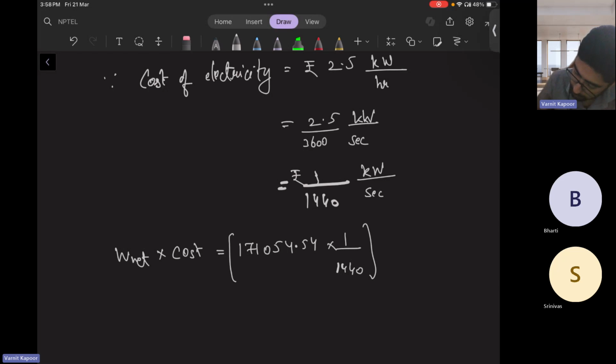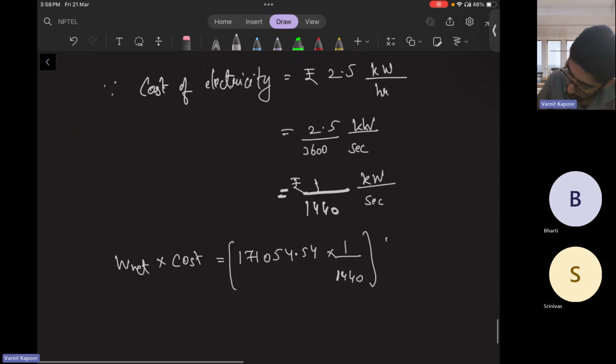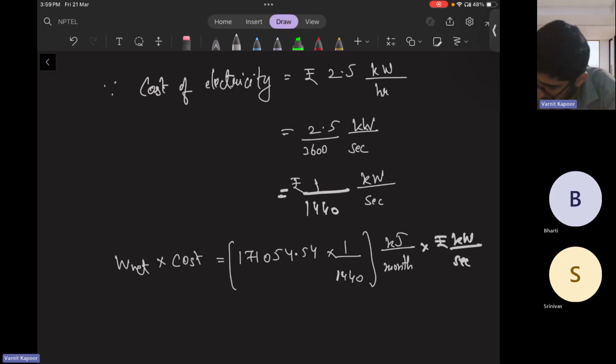And if you balance out the units, that is kilojoule per month, and rupees is also there, rupees kilowatt per second. Are we going right? If you do the calculation, what should it come to?